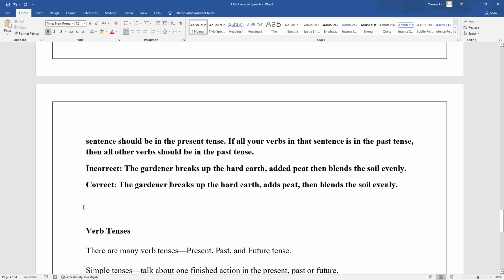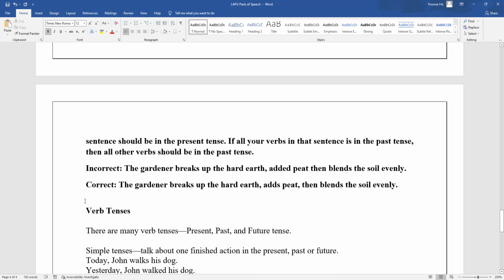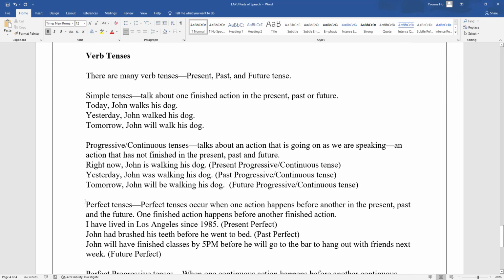And then when we do our verb tenses, this is the part of the lesson that's going to take the most time. There are many verb tenses in English. You have the present tense, the past tense, and the future tense. And so the first batch of verb tenses are known as simple verb tenses. Simple verb tenses talk about one finished action in the present, in the past, or in the future.